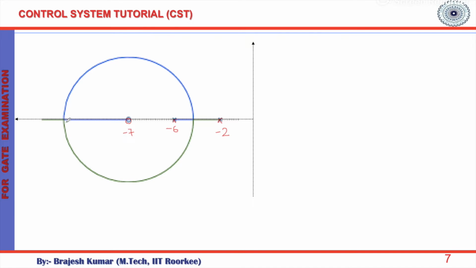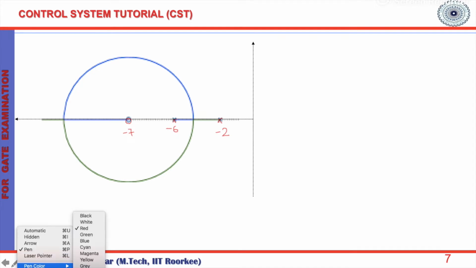In that case, we know from experience that there might be a breakaway point, and technically there might be a break-in point. Clear? So let us take a green color and try to draw it.